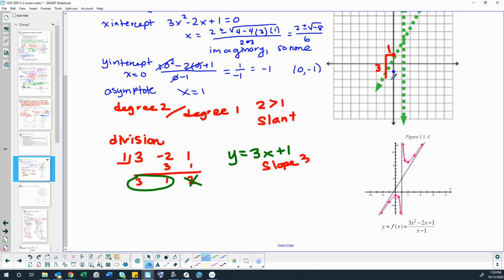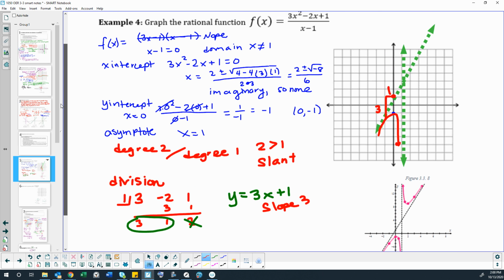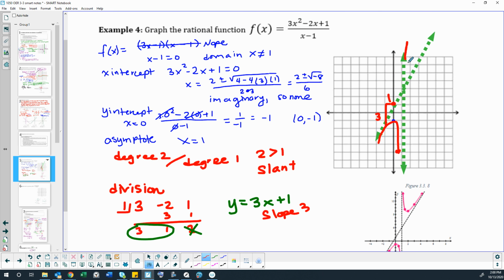We've got that y-intercept there at negative 1. We've plugged in some other points, hopefully, and figured out where those pieces go, and then we can sketch those in approximately here and here, and voila, we have graphed our rational expression with the slant asymptote.